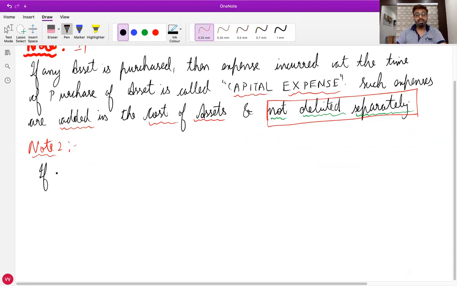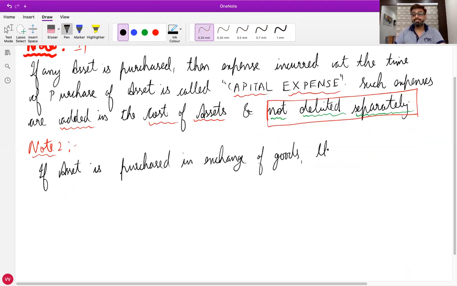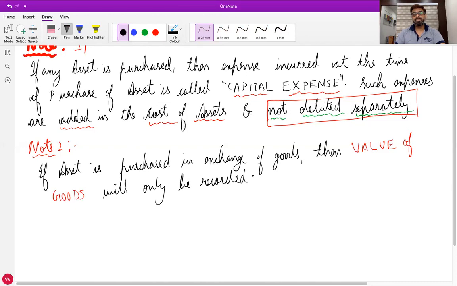If an asset is purchased in exchange of goods, then the value of goods will only be recorded as the value of the asset.